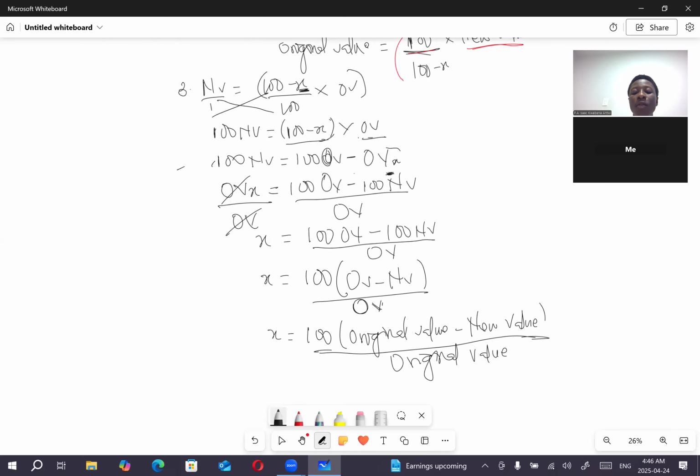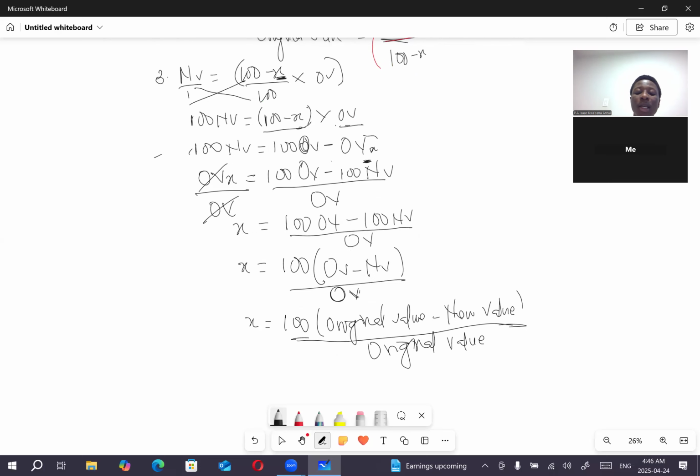If you take my wallet, I had 500 Ghana cedis in my wallet. When I came, I told you that the new amount is 400 Ghana cedis. What is the reduction in value? It will be 500 cedis minus the 400 cedis. So the money in my wallet reduced by 100 Ghana cedis.